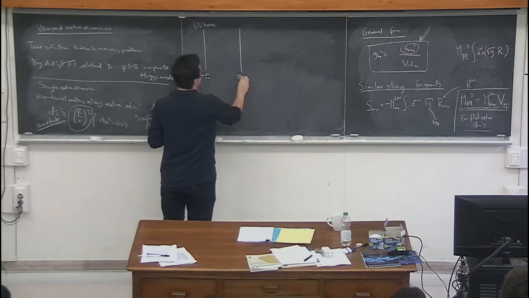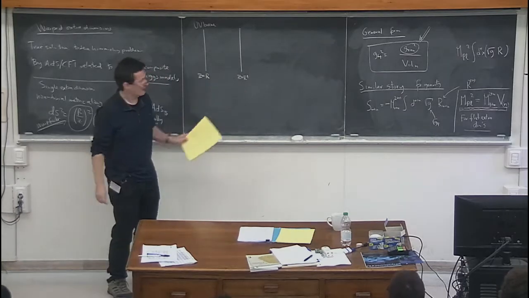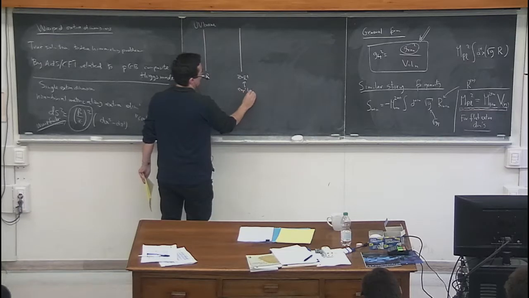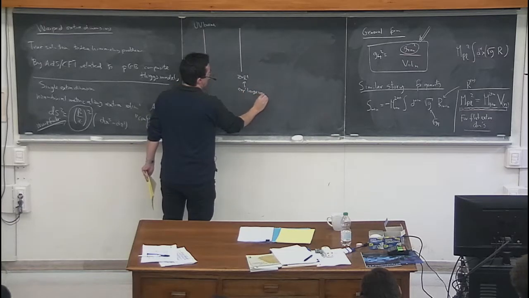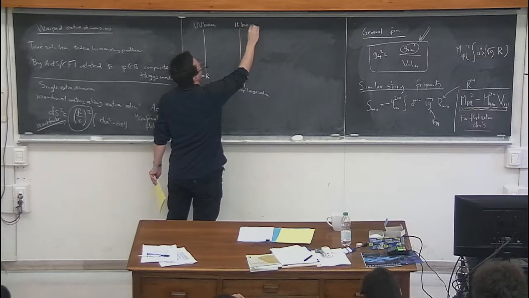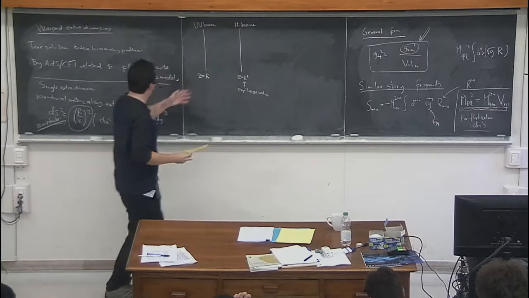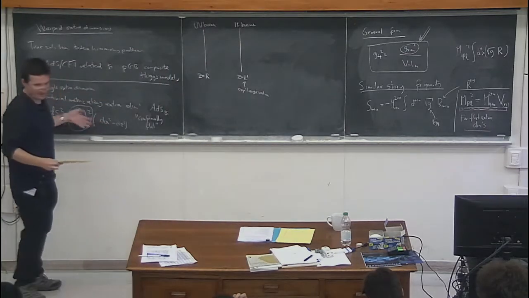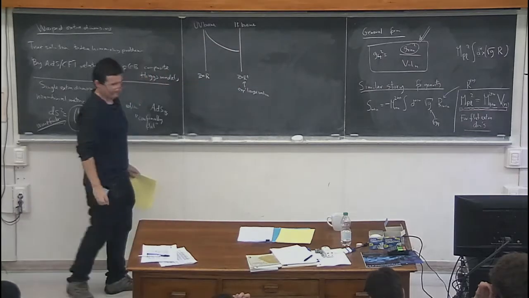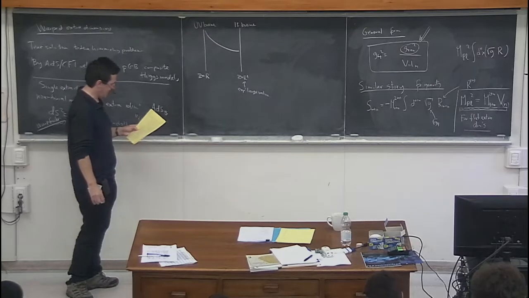And at z equals R prime, which is an exponentially large value, there will be a so-called IR brane. So the metric is decaying as R over z squared in between the UV and the IR brane, and this is the warp factor.